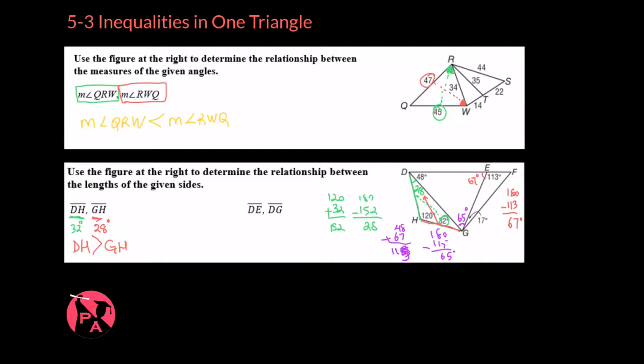Let's move on to the next one. I'm going to label DE with orange and DG with purple. So right here we have side DE, and across from this side, the angle that we have is 65 degrees. And across from side DG, first let's find the side right here, and across from this we have that angle.